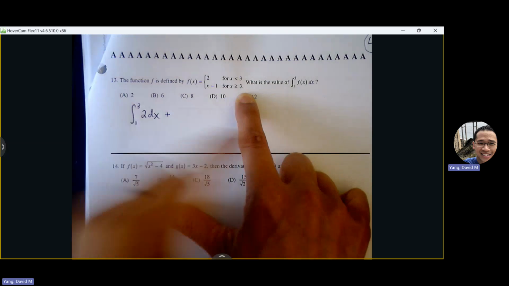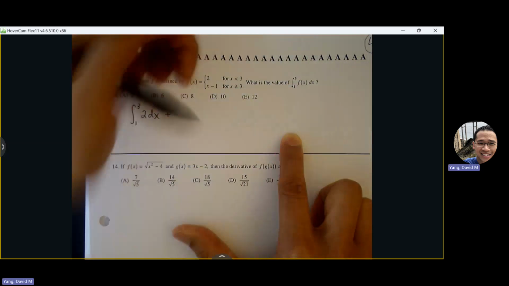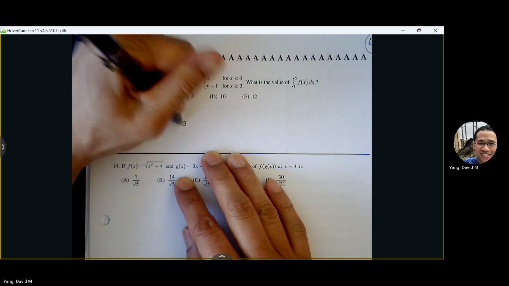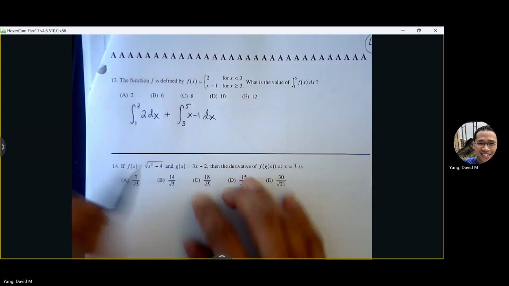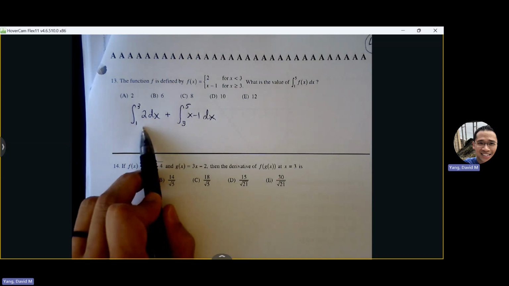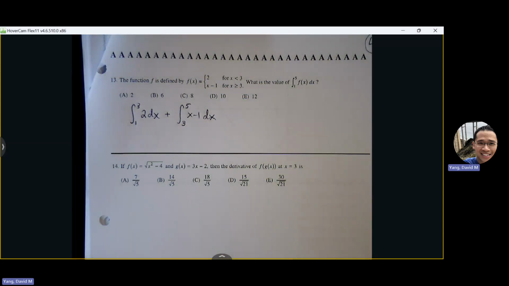And then between 3 and 5, I'm now sitting under a different graph, the x minus 1 graph. So I can do power rule, evaluate bounds, power rule, evaluate bounds, and then I can add them up together.